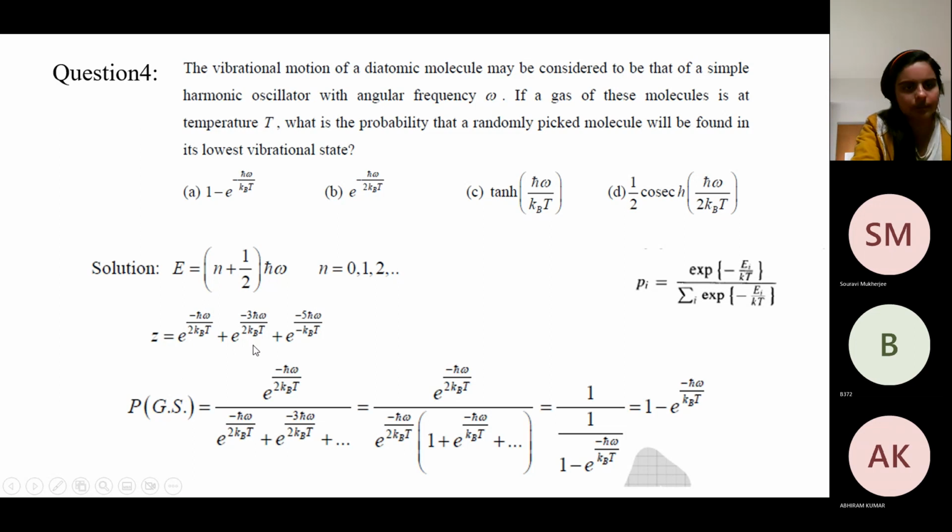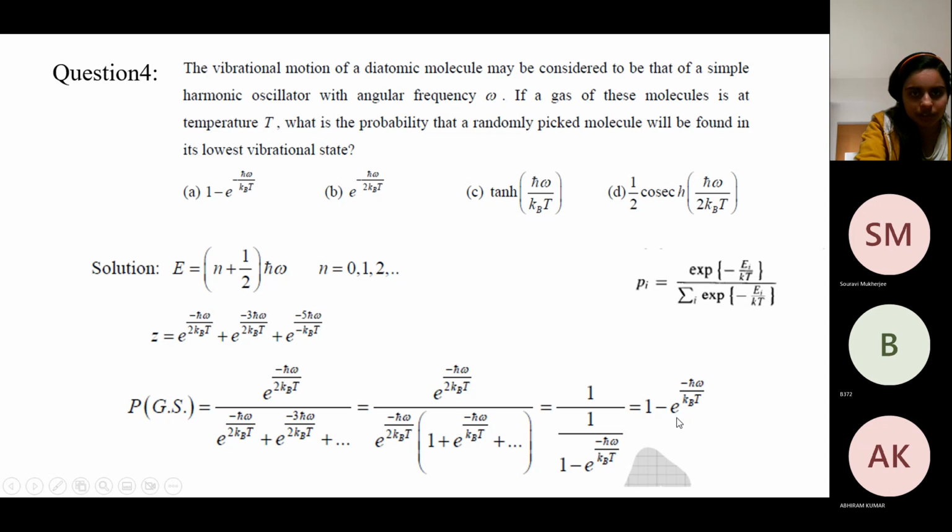So this is the value of the partition function. Now this is the parameter for the first vibrational state, and that is what you have here. And then you have to find the expression for this summation. What you then do is take the first term common and use the relation for the geometric series, and you get an expression like this.